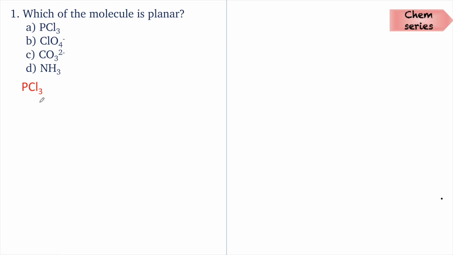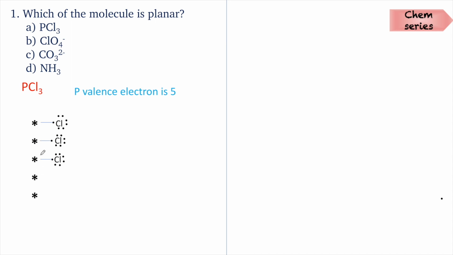PCl3. Here phosphorus will be the central atom and its valence electrons are 5. The 5 valence electrons are written in this manner. There are 3 chlorine atoms, and each chlorine atom has 7 valence electrons. It gives up 1 valence electron for bond formation with the phosphorus atom. Phosphorus has 5 valence electrons, right?